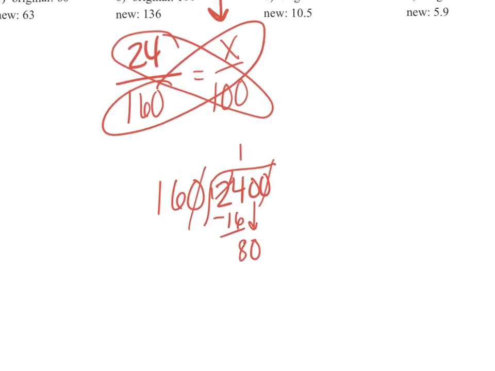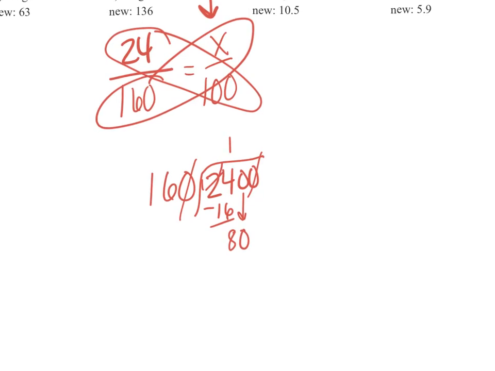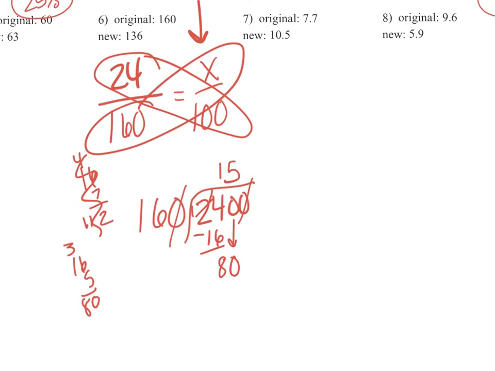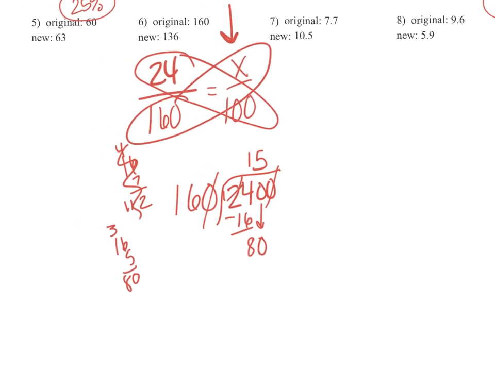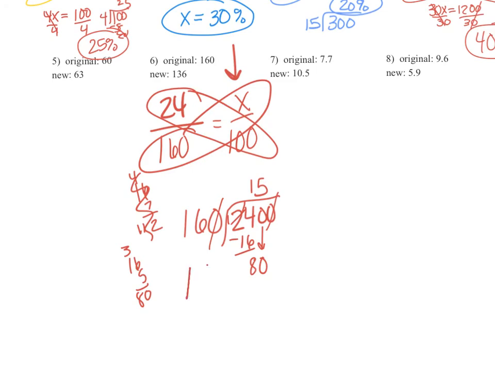Got 80. So then 16 will go into 80, 5 times. 15. Is that what you guys got? Yes, ma'am. Good. 15%.